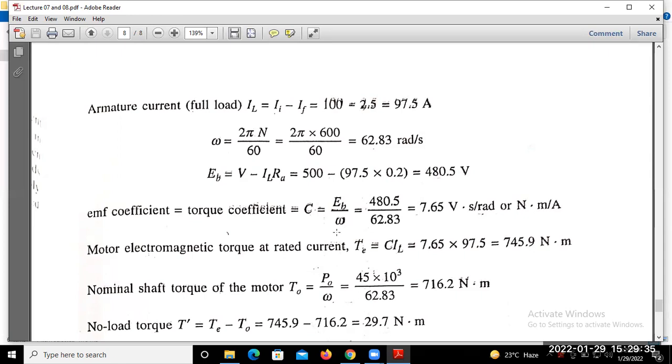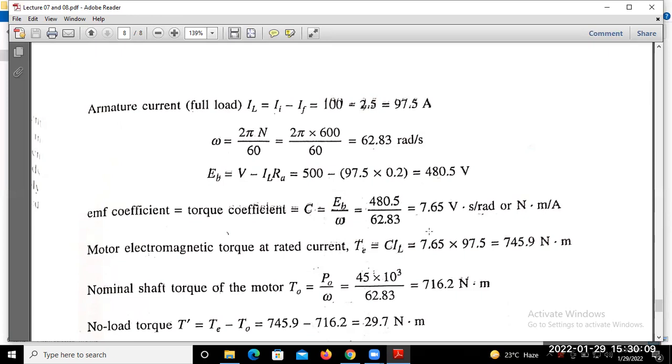Now, what is the electromagnetic torque equation in the DC machine? The motor electromagnetic torque at the rated current is K phi IA. Phi is constant for the DC shunt machine, so we represent K and phi with another constant C. So electromagnetic torque equals C into IA.